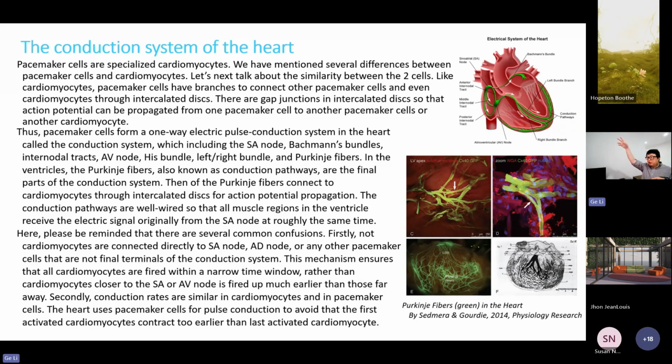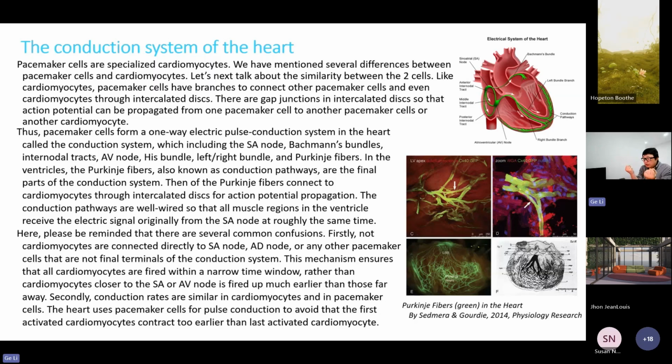This conductive system is so well wired that the time it takes for the action potential to be transmitted from the SA node to the end of each single branch is exactly the same. That's why all the cardiomyocytes can contract together at the same time.